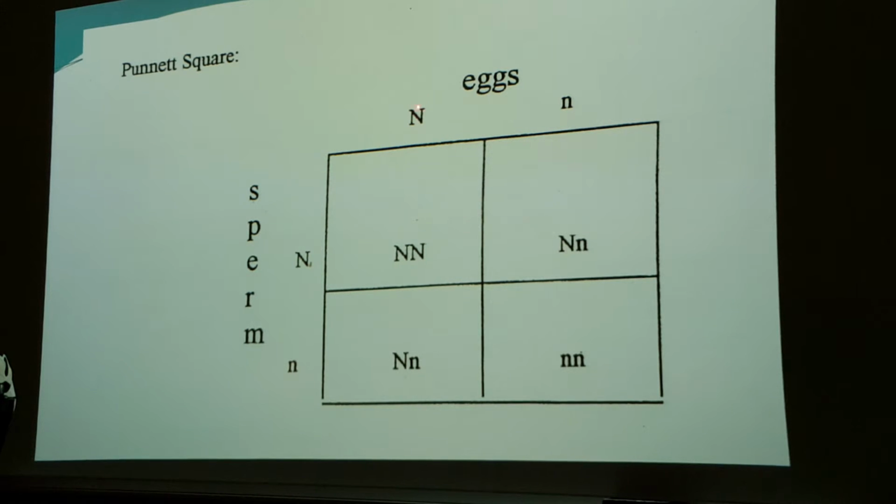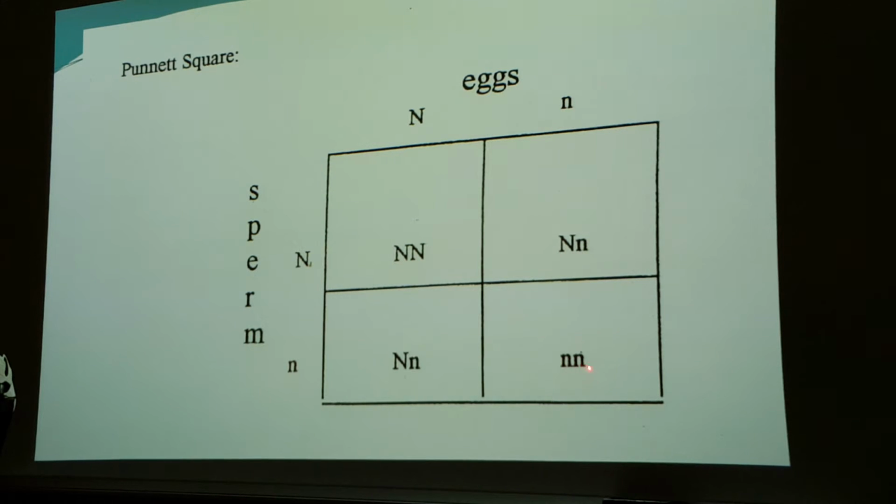Okay? So of the female, there's a 50% chance of this allele being in the egg and a 50% of that. And in the sperm, 50-50. So then you just do the crosses. So that's that cross. And here we have this cross. Here we have that cross. And over here we have that cross.